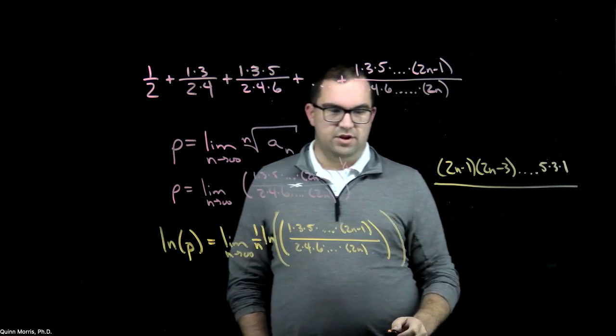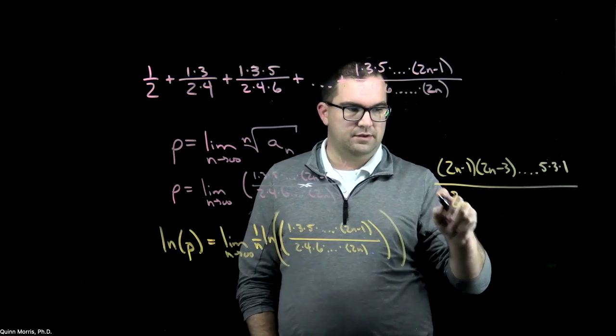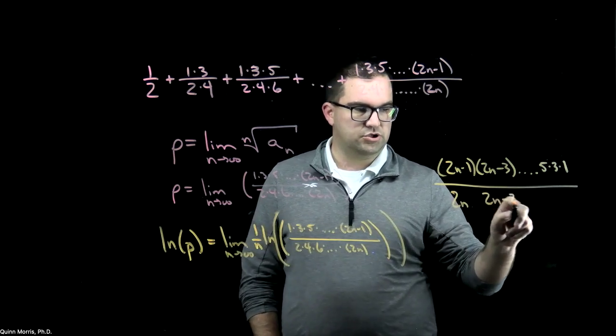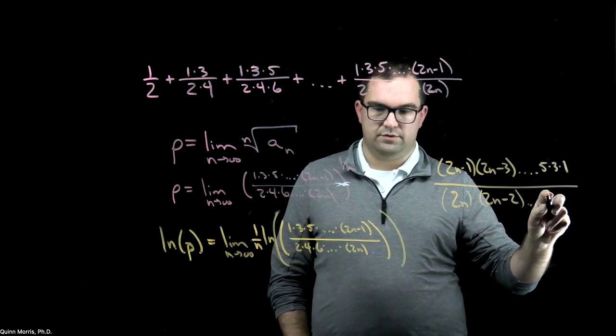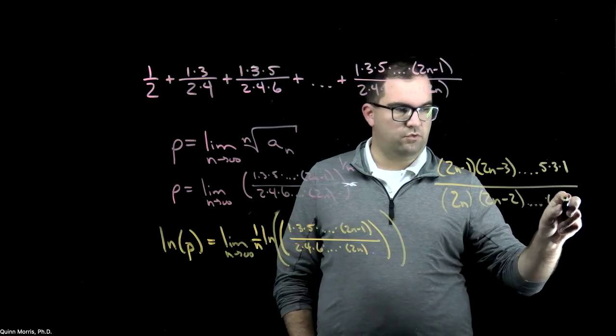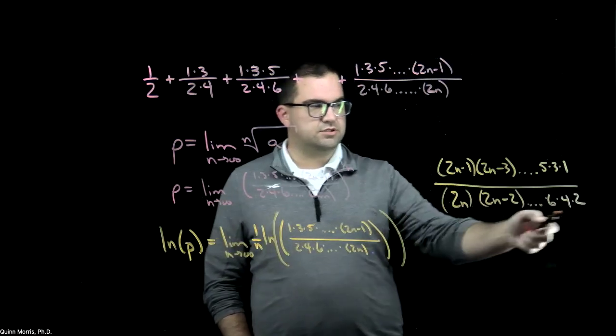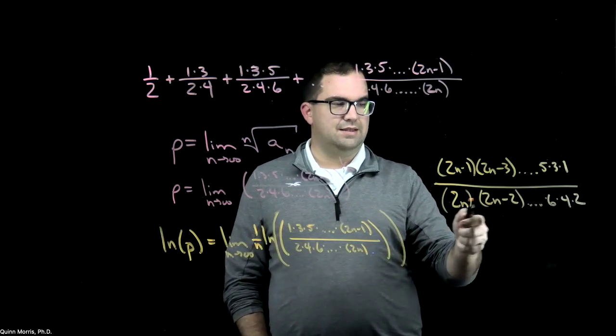Similarly, if I look in the denominator, I have 2n minus 2, and so on and so on, all the way until I get down to 6 times 4 times 2. And again, this looks like a polynomial in n.